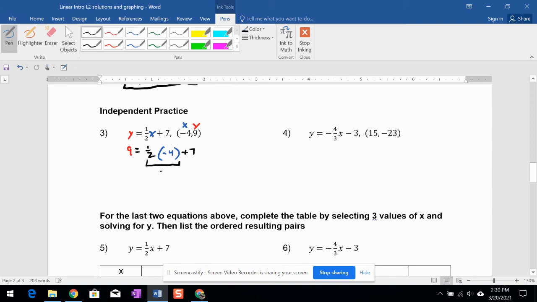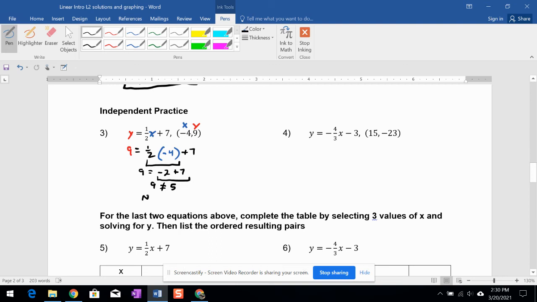So 1/2 times -4 is -2, which we'll have to add 7 to, and compare it to the 9 isolated on the left-hand side. And when I add -2 plus 7, I get a result of 5, and that is clearly not equal to 9.